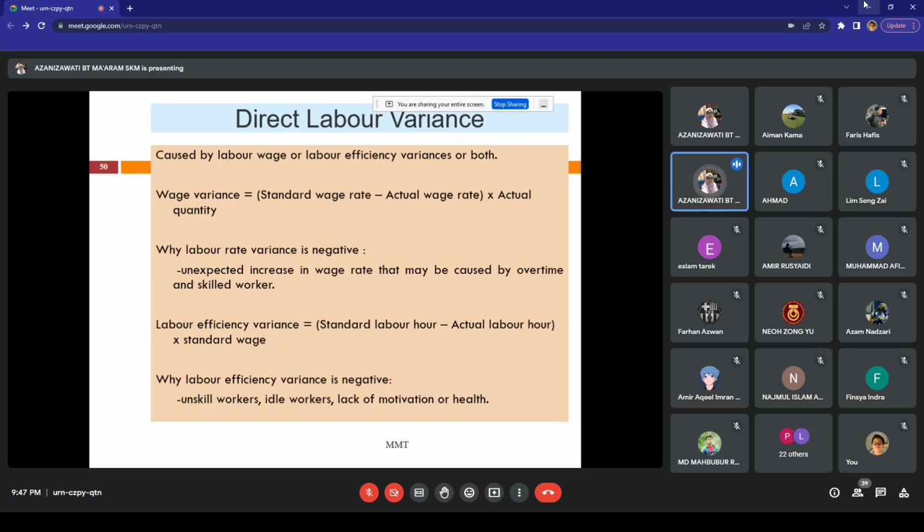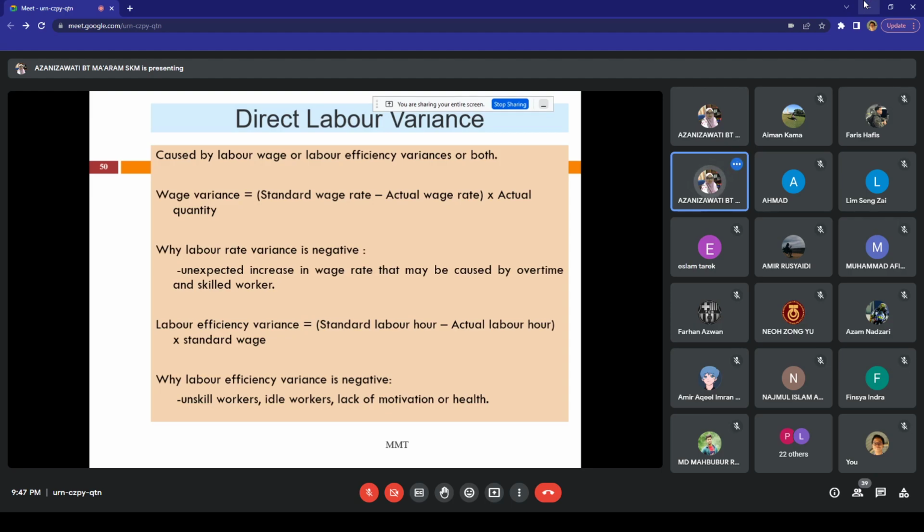For the labor variance, some of the companies had to reduce the number of hours of their workers because they wanted to sustain, as demand became low, especially for semiconductors. The demand is low, but they want to sustain the company, and they still have to run the production.